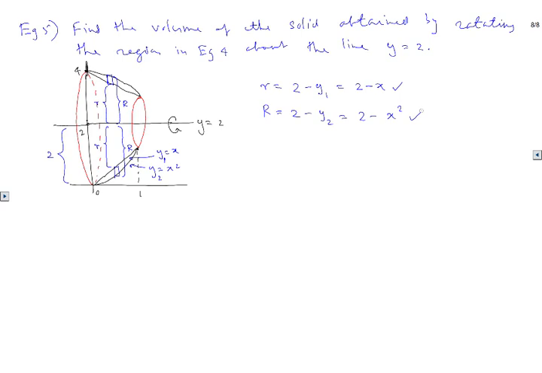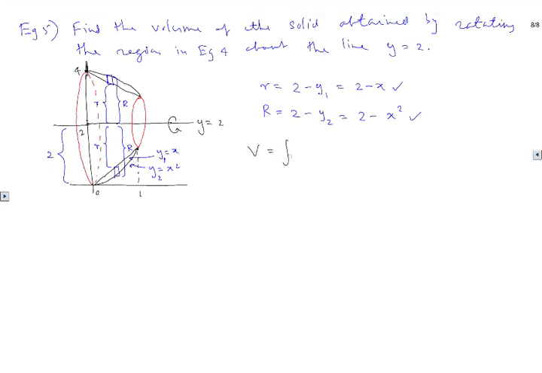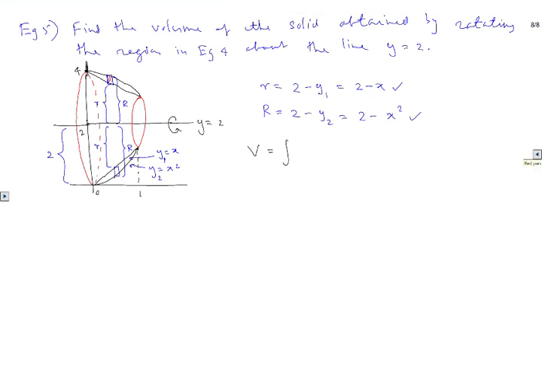Now you want to use the formula and simplify it. So the volume V is, what are the limits, what's the variable? You can see the disk, this is the disk, so it's moving in the x direction.